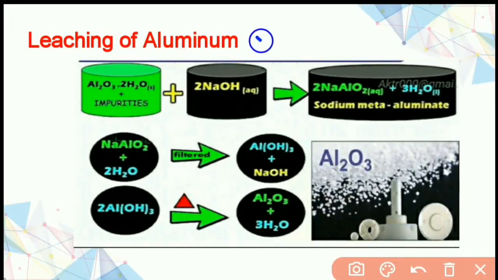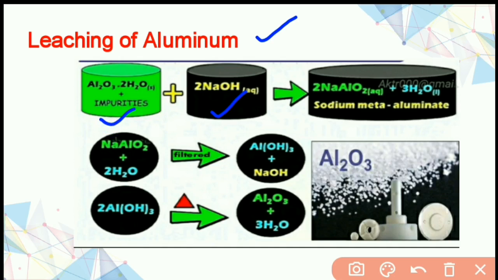Leaching of aluminium. In the Bayer process, pure aluminum oxide is obtained from bauxite ore, which contains impurities of ferric oxide and silicate. The powdered ore is treated with 45% sodium hydroxide, when alumina dissolves, leaving behind the impurities like ferric oxide, which are filtered out.